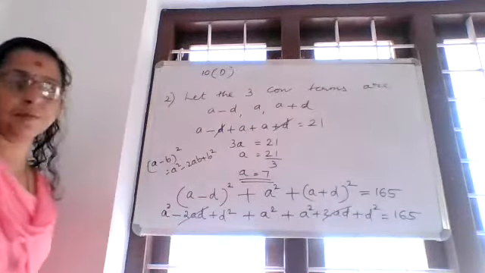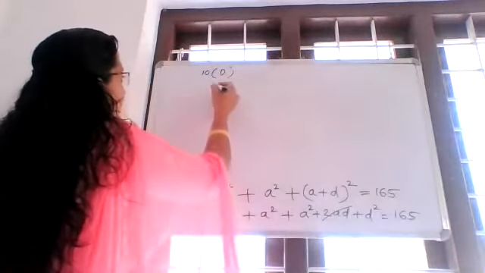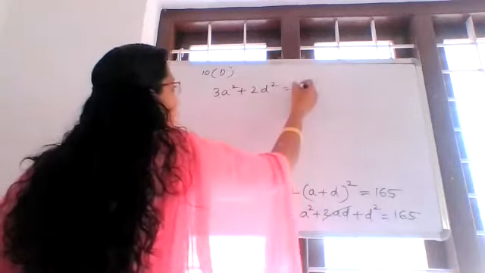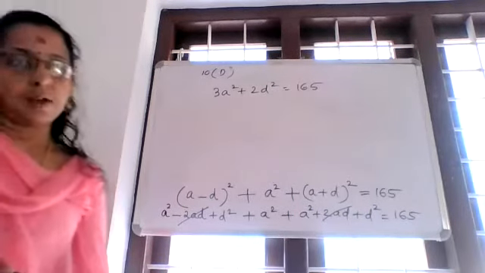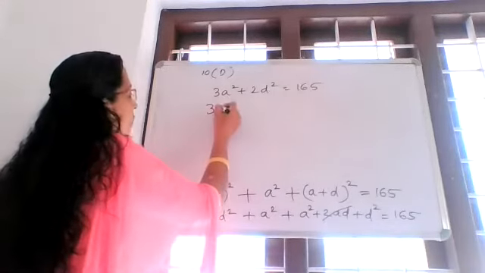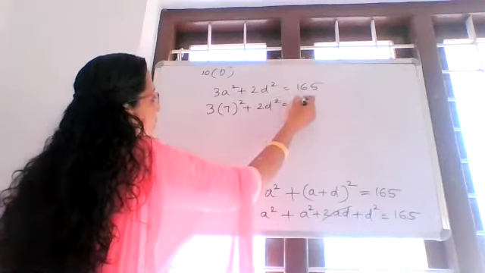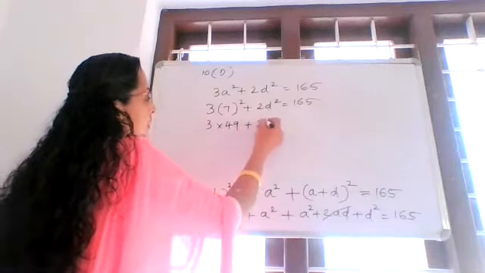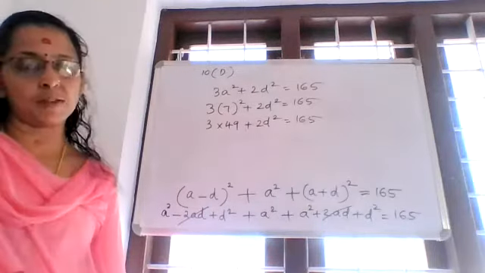Then remaining, 3a square plus 2d square is equal to 165. Then substitute the value of a. We got a is 7. So 3 into 7 square plus 2d square is equal to 165. 3 into 49 plus 2d square is equal to 165. So 3 into 49 is how much?